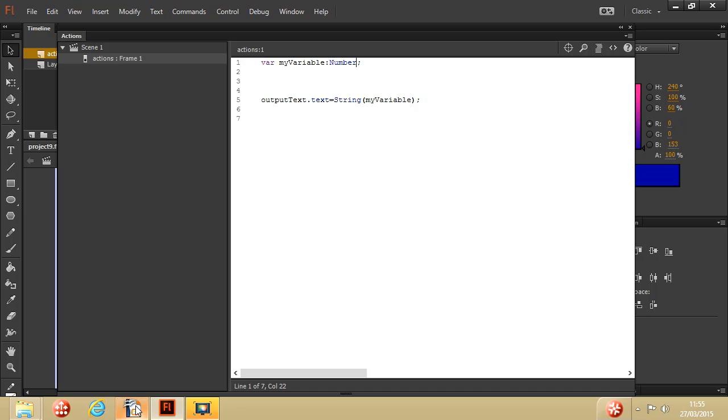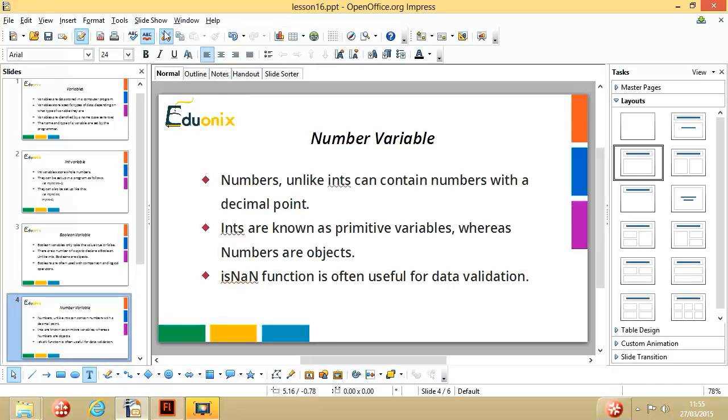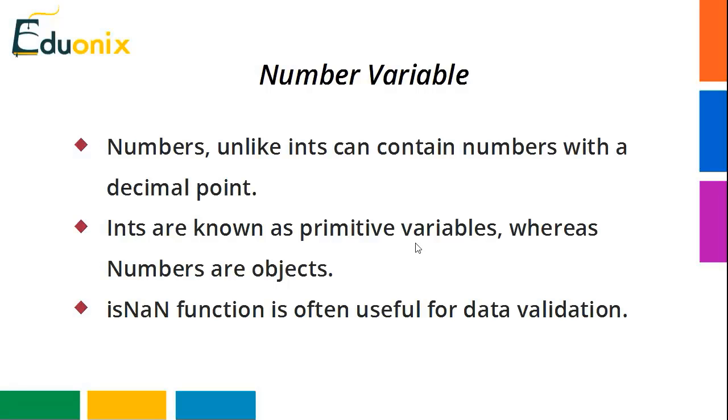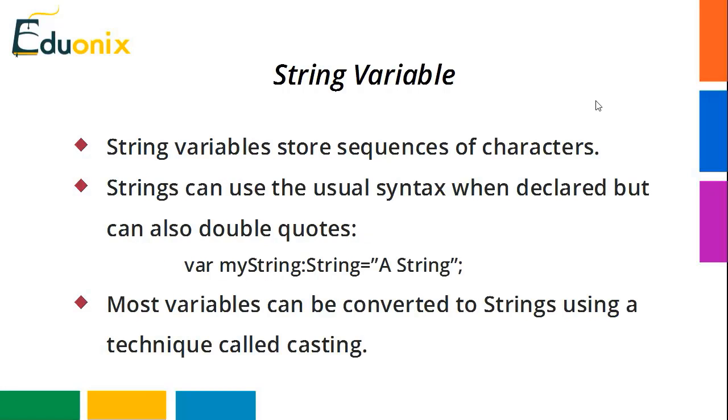And I think I'll leave number there and talk finally about strings. So strings are variables that can store sequences of characters. You can instantiate them using double quotes, and most variables can be converted to strings using a technique called casting.